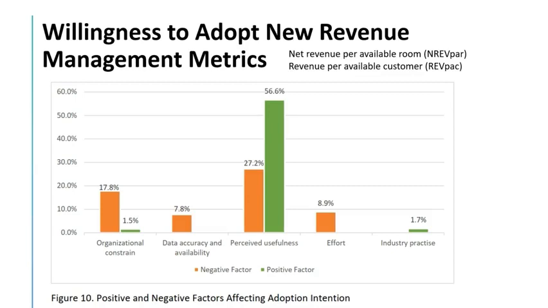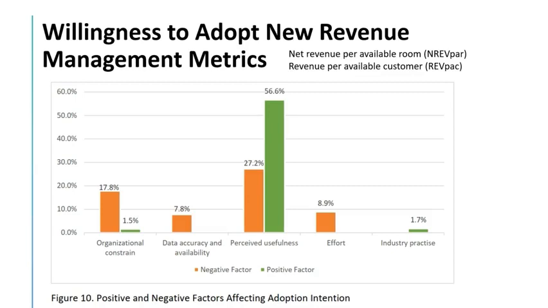So now let's look at positive and negative factors affecting adoption intention. They are working in both ways, right? In this research, something can be a negative factor or something can be a positive factor. And obviously, perceived usefulness is the highest positive factor.